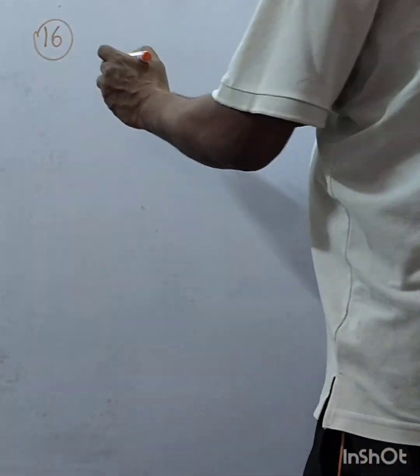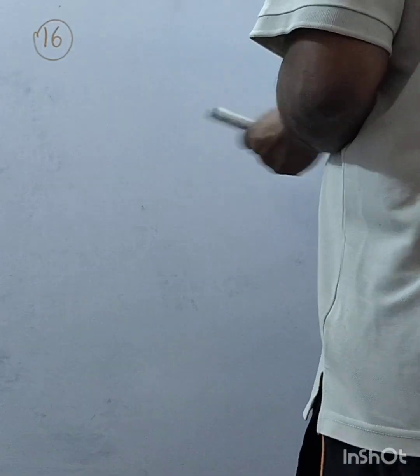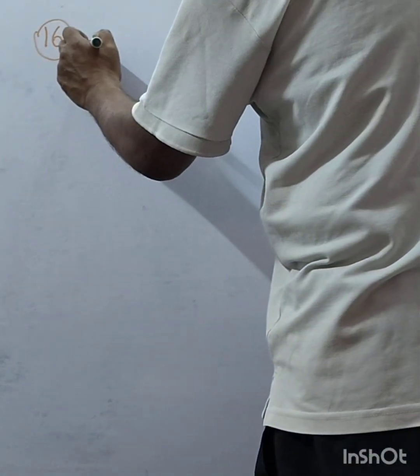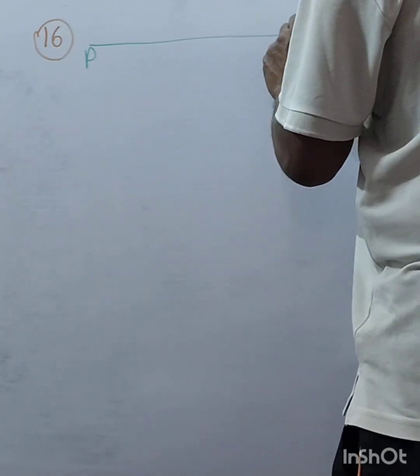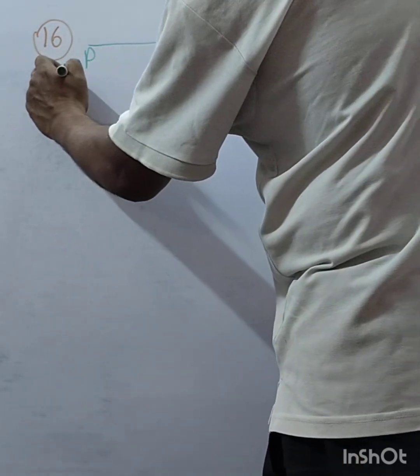So what is the question by the way? The slope of line PQ. There is a line PQ. What are the coordinates of PQ?